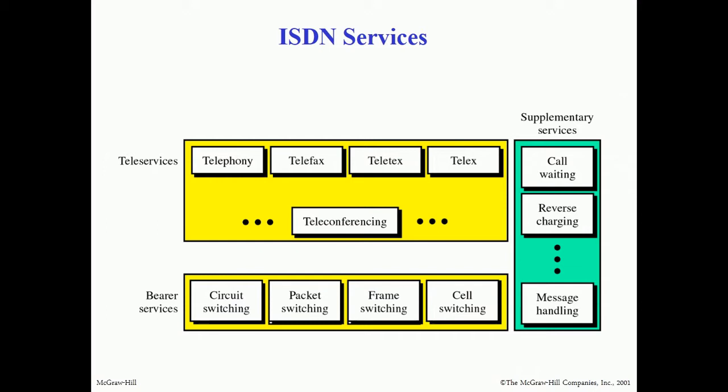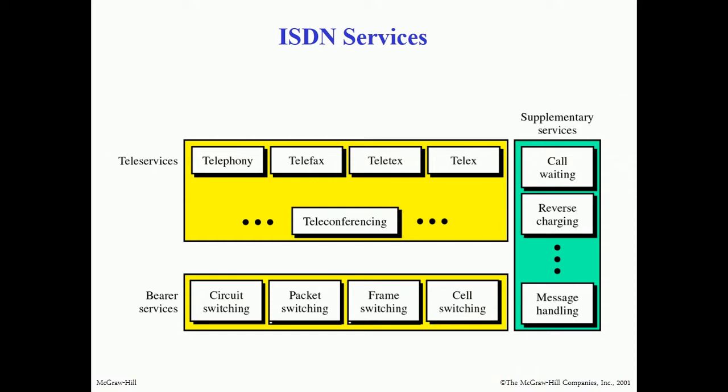Another feature is it uses a single data link to get the gamut of a user's communication devices, such as telephone, fax, it may be computer or video onto the ISDN lines.